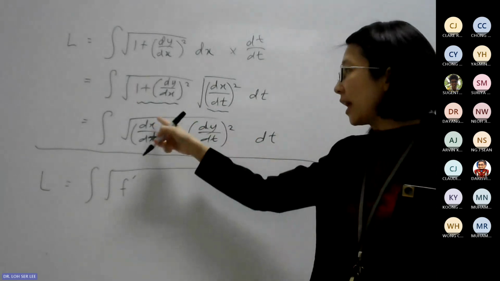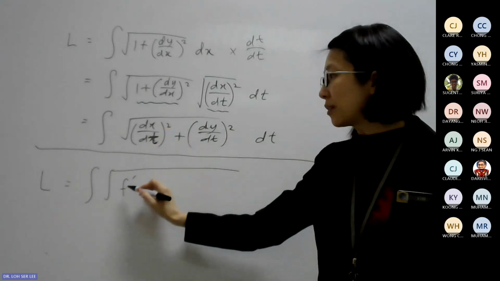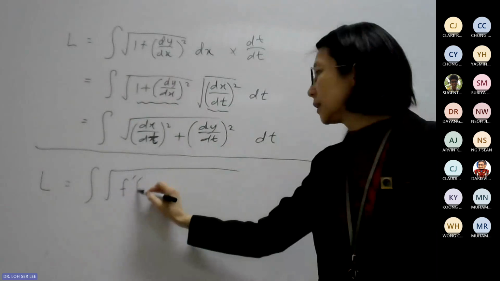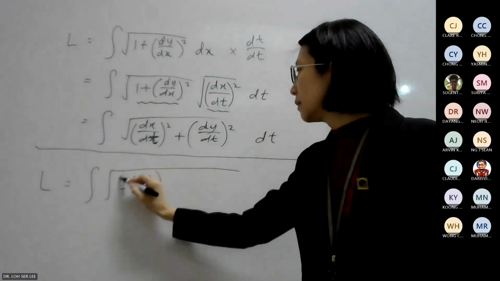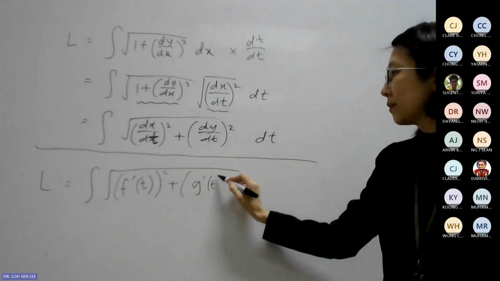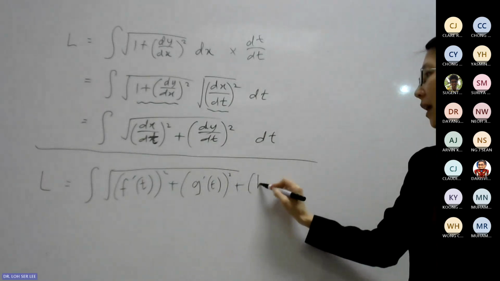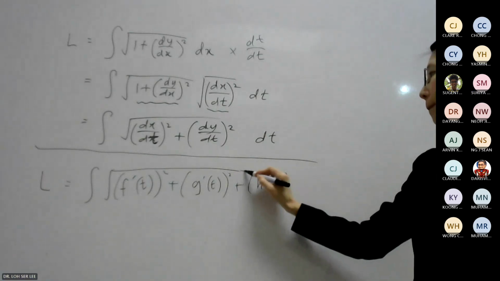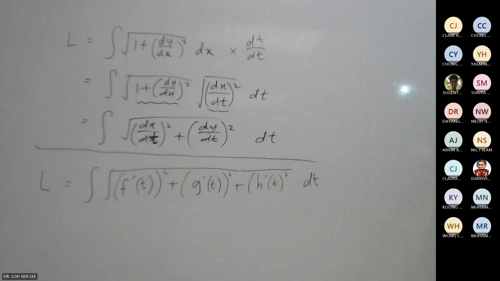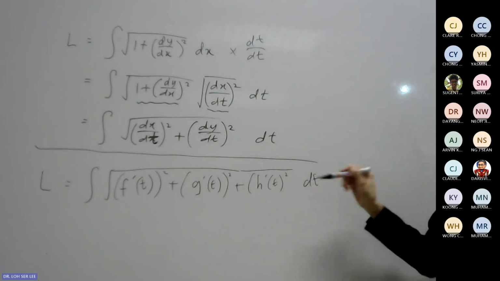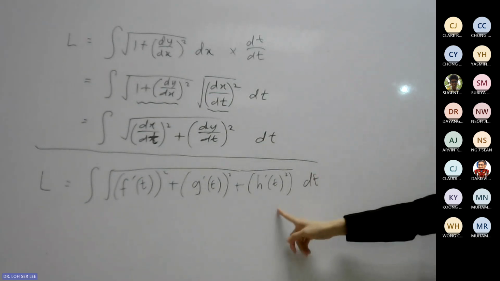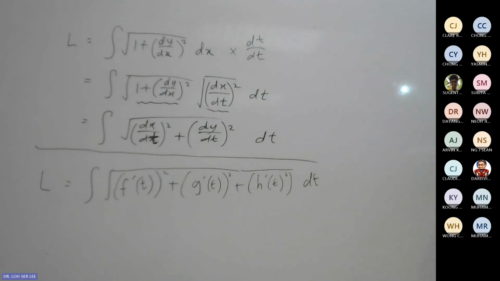So df over dt, we write it as f prime, plus g prime squared plus h prime squared, dt. If your curve r is in three-dimensional, we will use this formula to compute the arc length.